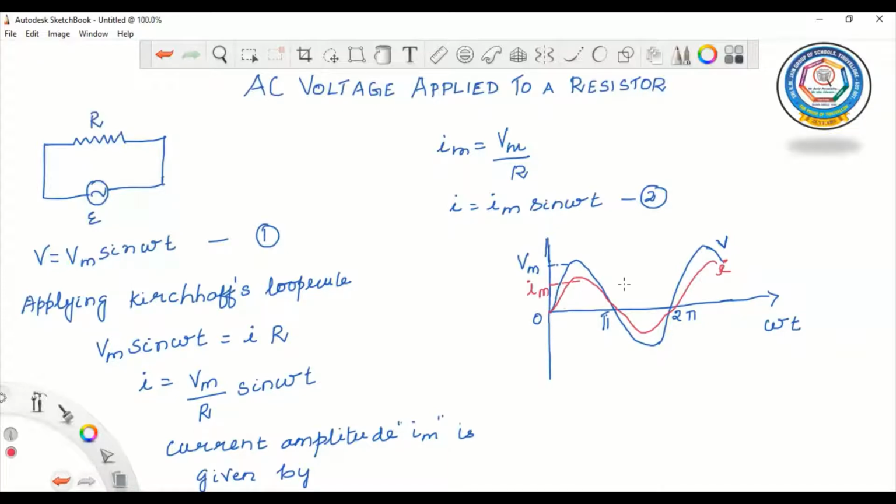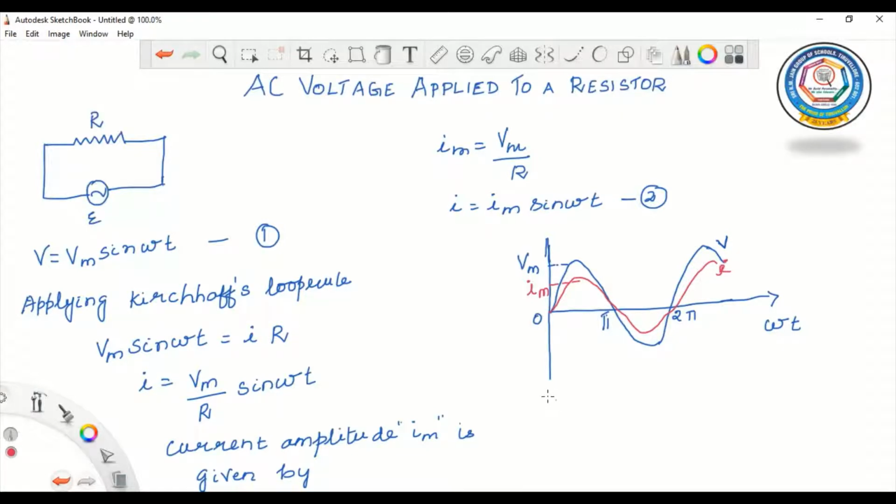Okay, so actually, when you see this graph, what is the conclusion? What is the significance? At a particular time, we have V and I. So look at these two things. When V is 0, I is also 0. And when V reaches maximum, I also reaches maximum. And again when V is minimum, I is also minimum. So what is the conclusion from this graph?